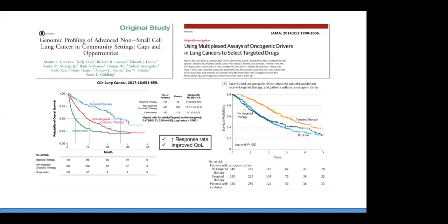There are many papers showing, as you can see here on our left in blue, that patients who receive targeted therapy, compared to patients who receive non-targeted therapy or no treatment, have much better survival. Patients that have a targetable driver gene have better survival than patients that don't. So we cannot deny the patient the study of putative molecular targets.